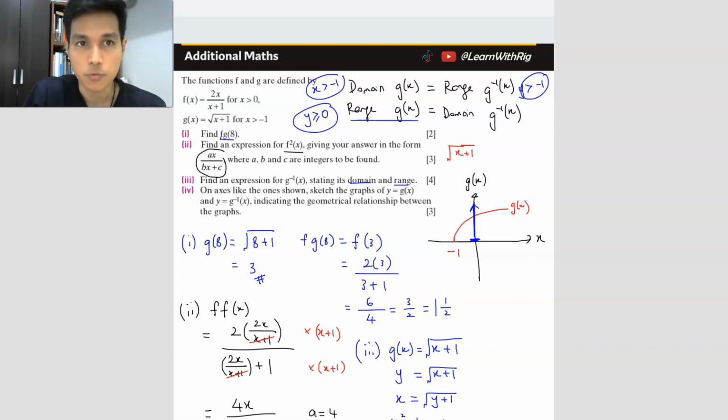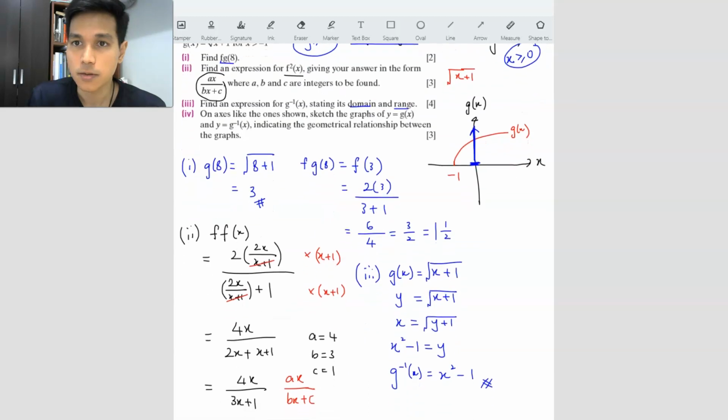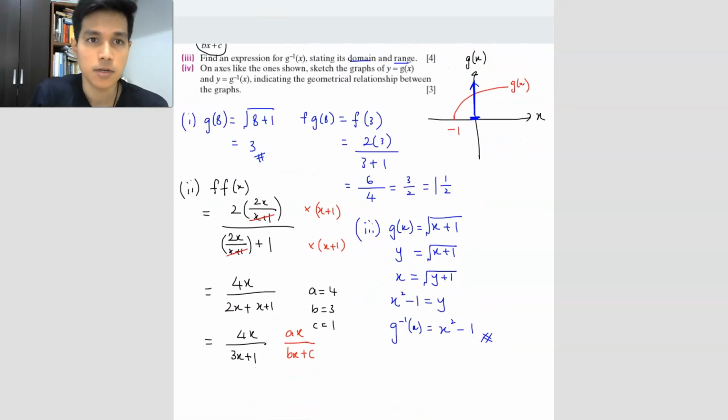So if that's the case, the domain is going to be, instead of y, we write x. Clear? So that's the answer. The domain of the inverse is x more than or equal to 0, and the range is y more than -1. So let me write here.